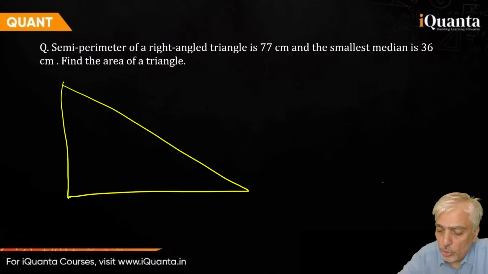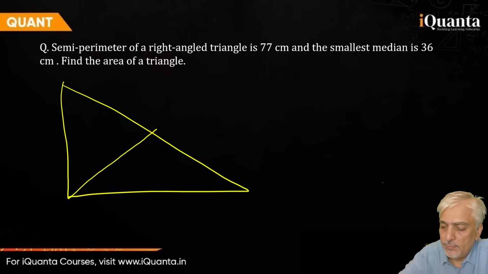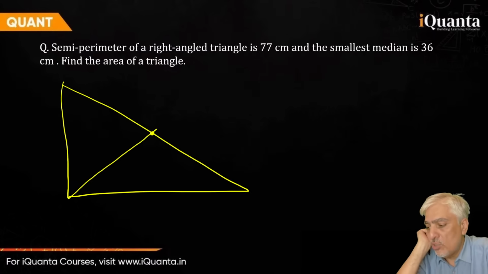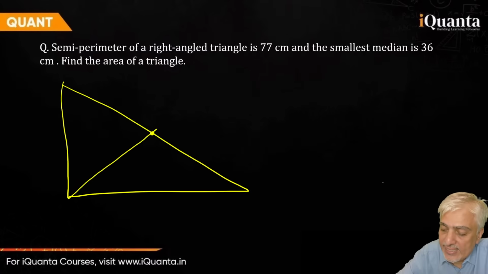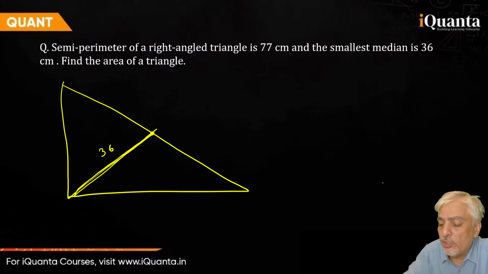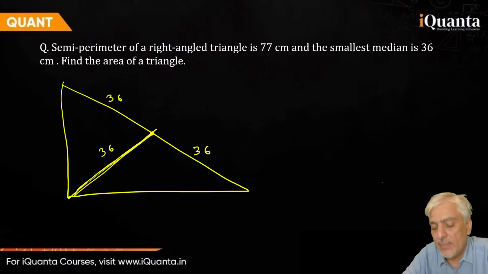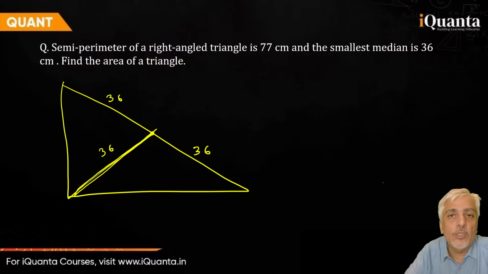Let's get the right approach. This will be the smallest median, 36. In a right angle triangle, the median drawn to the hypotenuse is half of the hypotenuse. So this will be 36. This will also be 36. Property is median drawn to the hypotenuse in a right angle triangle is half of the hypotenuse.